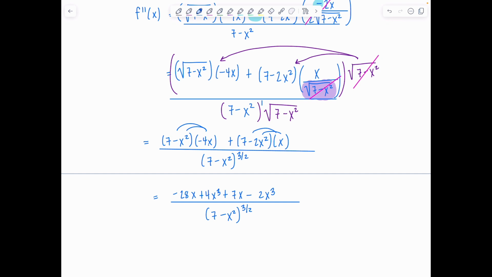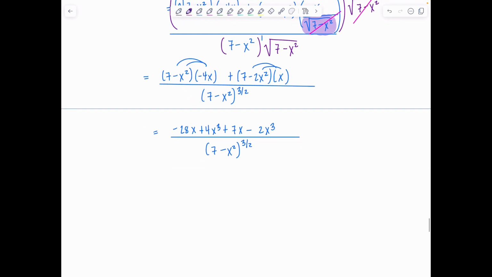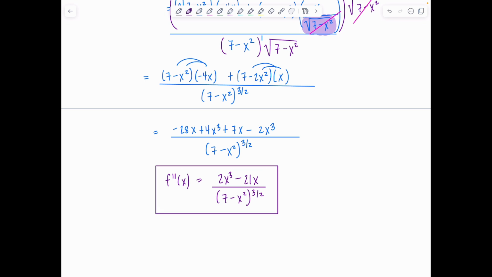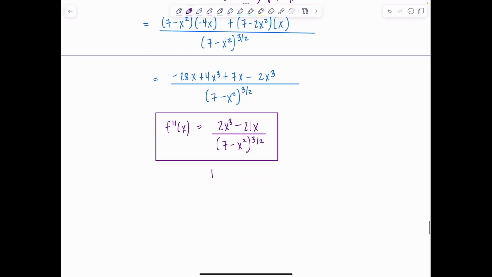Okay, and then this ends up being, dun dun dun dun, f double prime of x equals 2x cubed minus 21x over 7 minus x squared to the 3/2. Whew, we made it. Okay, now let's see if we can find our possible inflection points. Possible IPs. I love a good abbreviation in math, so.